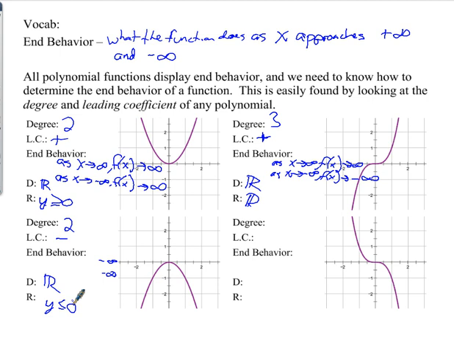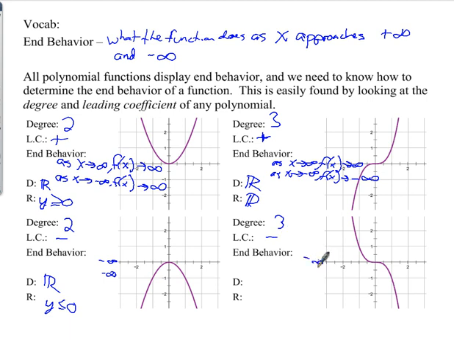And over here, what happened here? So this is a, what kind of transformation? It's a reflection. Yeah, it's a reflection. So the degree is 3. The leading coefficient is negative. The end behavior is switched again.